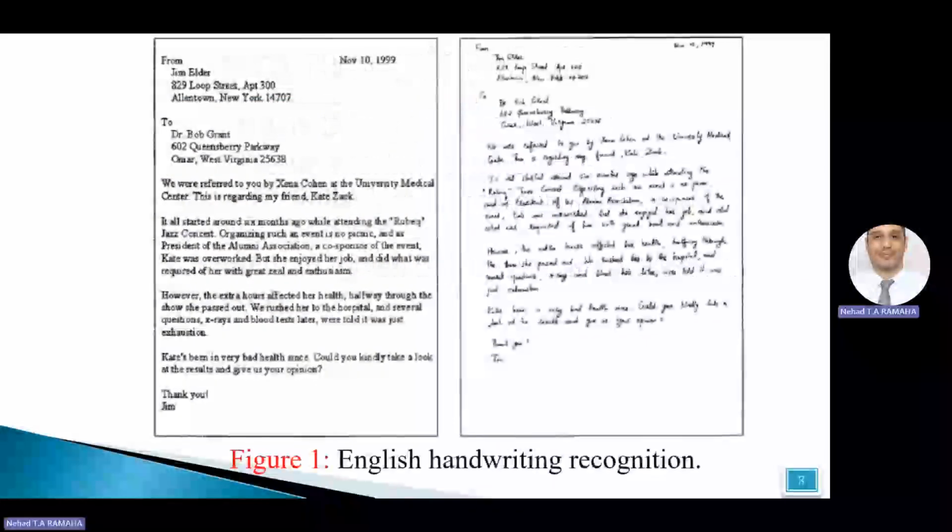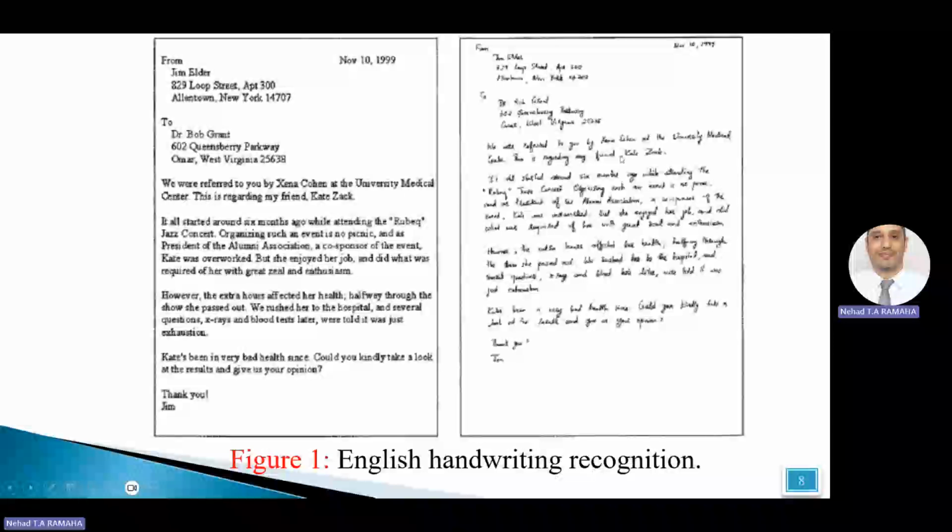Okay, we have many examples. For example, this was very difficult 20 or 30 years ago. It was very difficult for the machine to read handwriting like this.